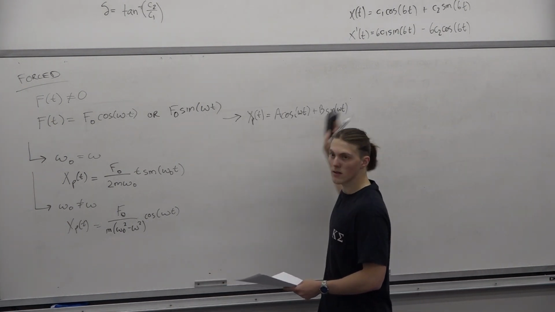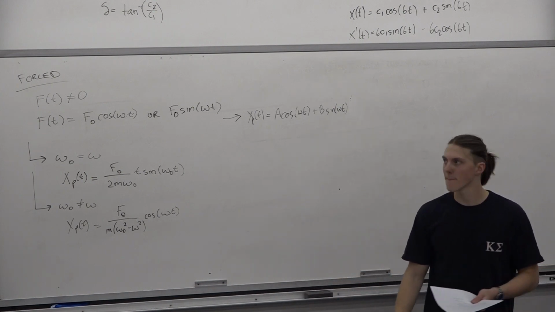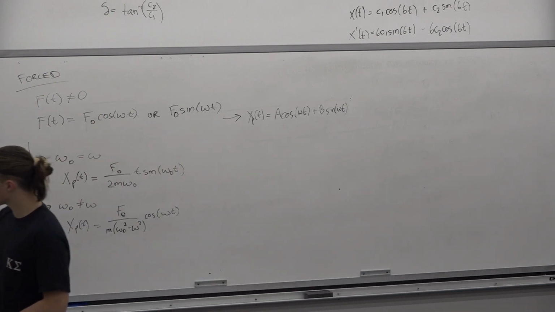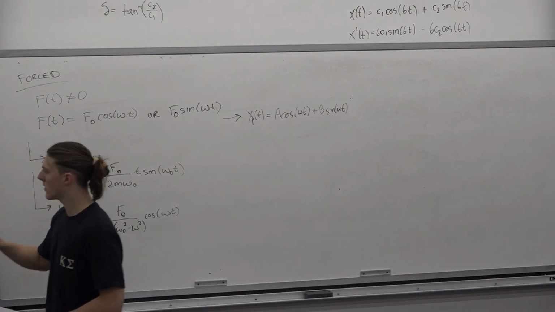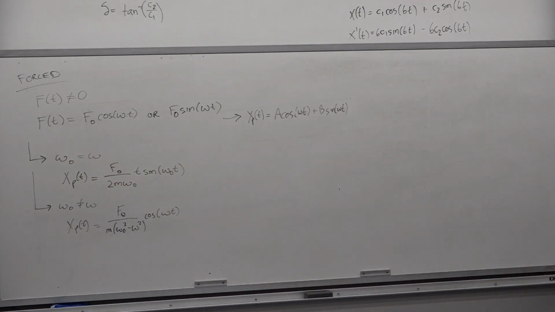So forced means that it's not free, and that means it's non-homogeneous? Yeah. So force means this g of x is non-zero. So now after solving for the complementary solution, we also have to solve for the particular one.